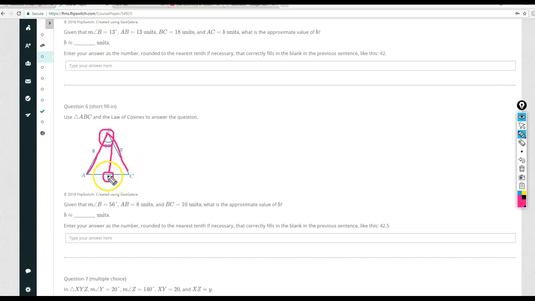So law of cosines, I need to know the angle opposite the side I'm finding, and I need to know the side lengths that are adjacent to that angle.